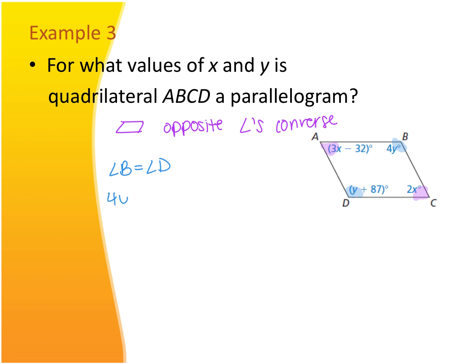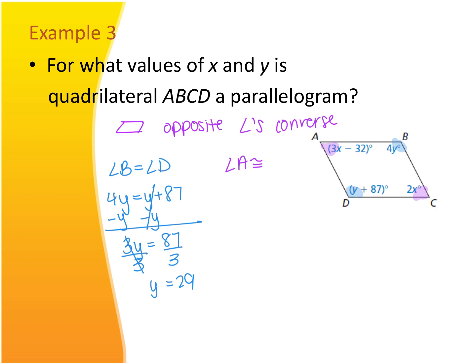So I'm going to have 4y equals y plus 87. I'm going to subtract y from both sides. 3y equals 87, divide by 3. And y is going to equal 29. And then solving for the other angles, angle A is congruent to angle C. 3x minus 32 equals 2x.